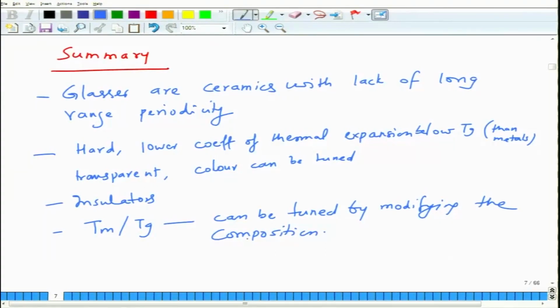Basically, the elements that you add are called glass modifiers, such as sodium, calcium, boron, these kinds of elements. You can see that typically the elements that you are putting in have valence lower than that of silicon. Okay.